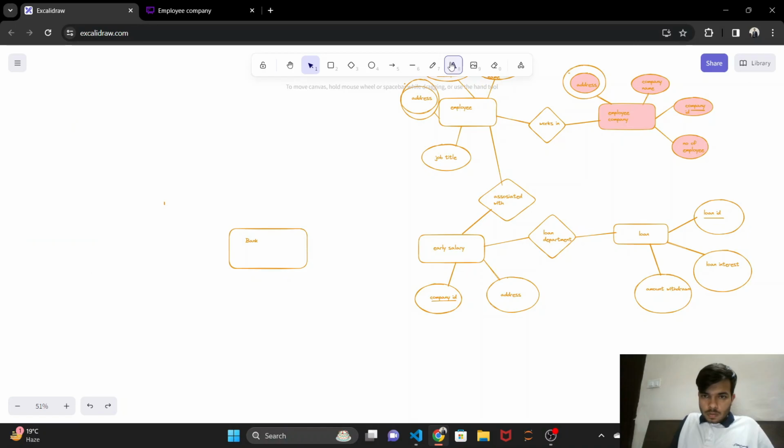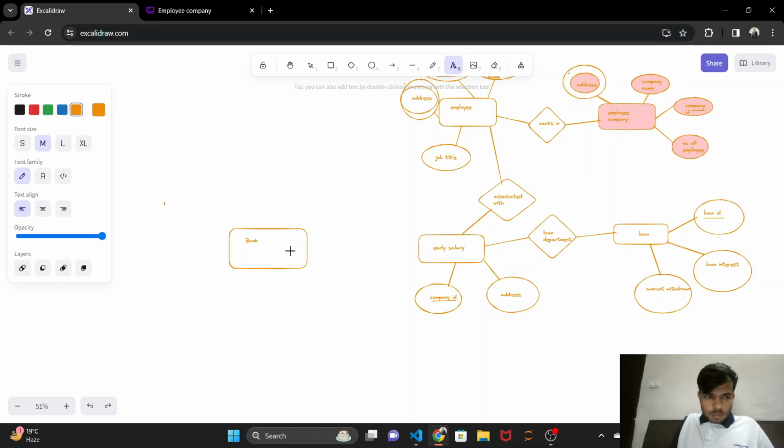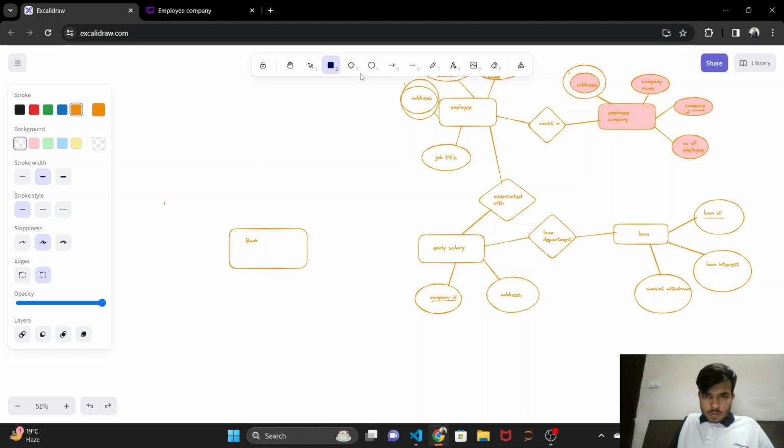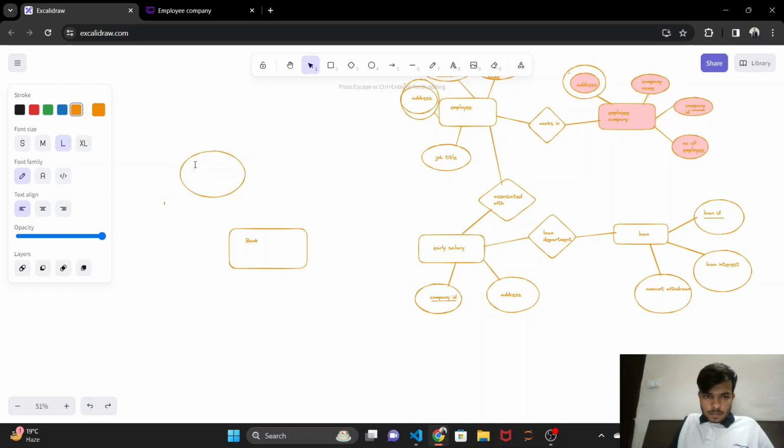Bank will have its attributes like bank ID.